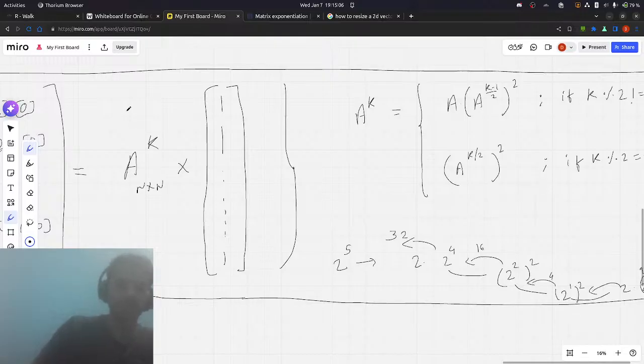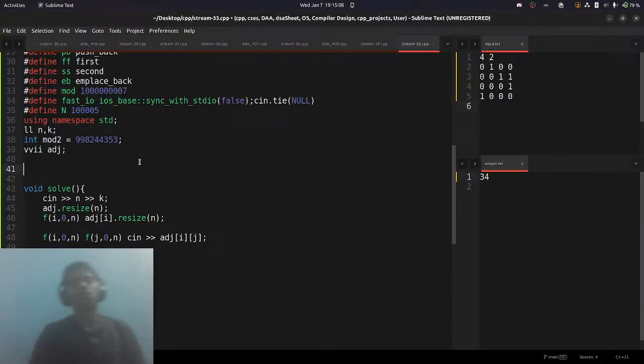So we can have a matrix of n cross n, or whatever the size is, store the answer in it, and then simply add all the values. It's not a difficult operation, I think.